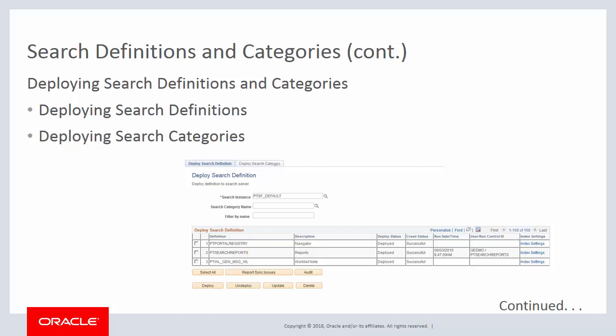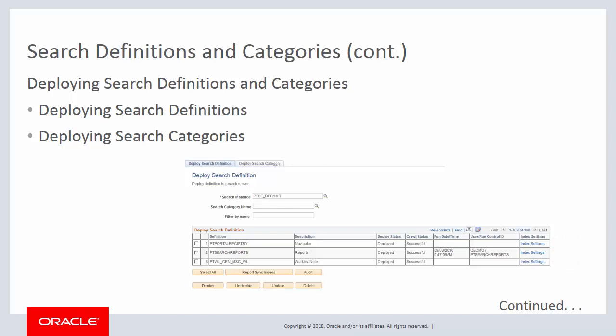Search Framework enables you to override some of the settings that you had specified on the Search Options page. The index settings link associated with each search definition enables you to map the search definition to a separate index if required and to override the number of shards and replicas that were specified on the Search Options page.